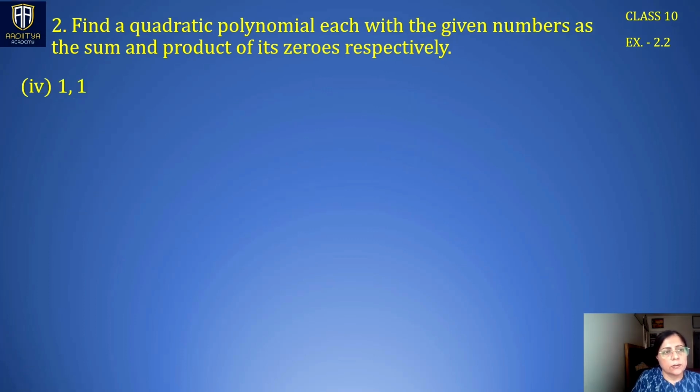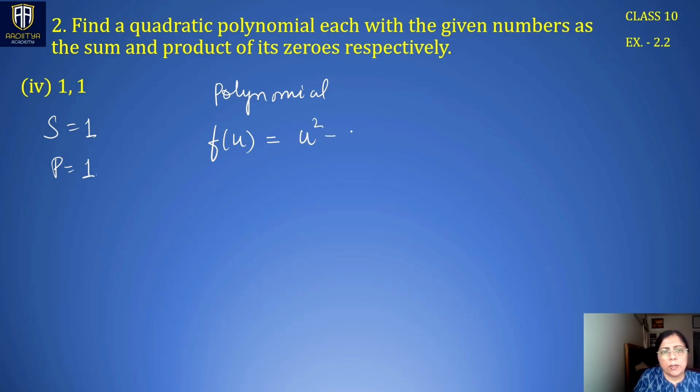Next we have sum as 1 and product as 1. Right? So now the polynomial, we can represent this as any variable, you can take this as u. So f of u is equal to u square minus sum of roots into u plus product of roots.